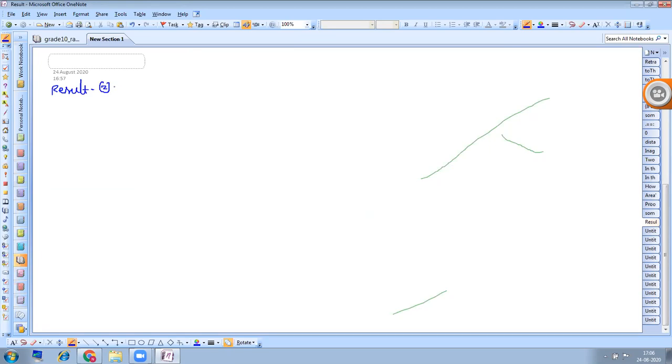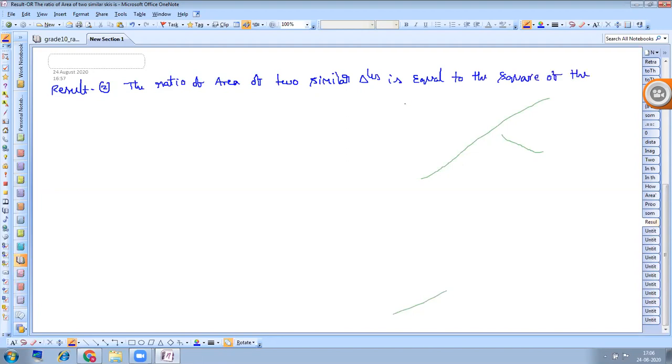The ratio of the areas of two similar triangles is equal to the square of the ratios of their corresponding medians.